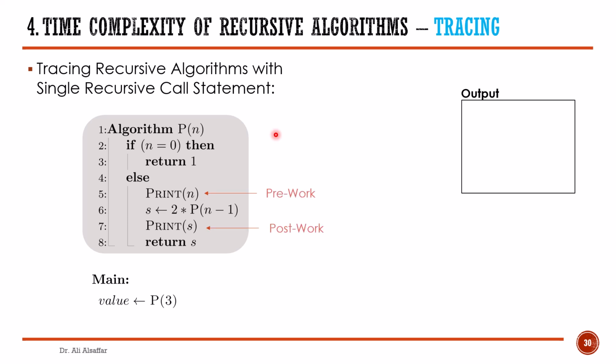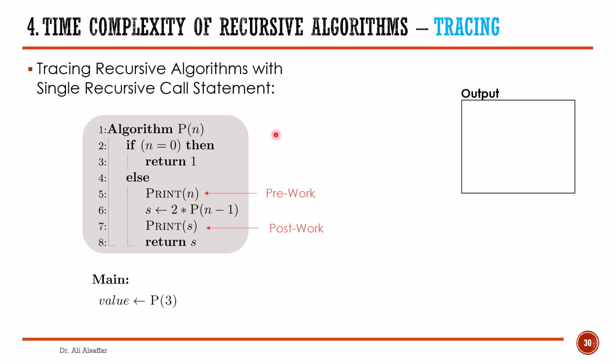In our previous discussion, we've mentioned that any operation executed before recursion is considered a pre-work operation, and any operation executed after recursion is considered a post-work operation. The pre-work operations in this algorithm are comparing n to 0 at line 2, that takes us to the else statements, printing the value of n at line 5, and subtracting 1 from n at line 6.